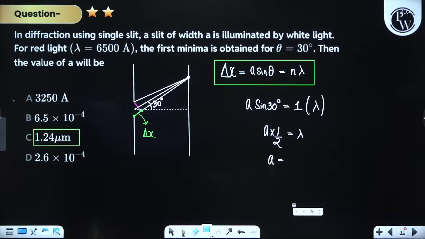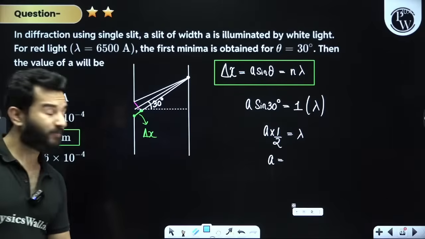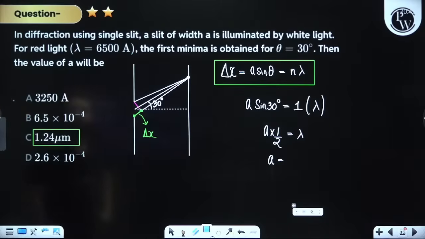They are talking about minima, right? Yes, that's correct. Everything is correct, I believe.